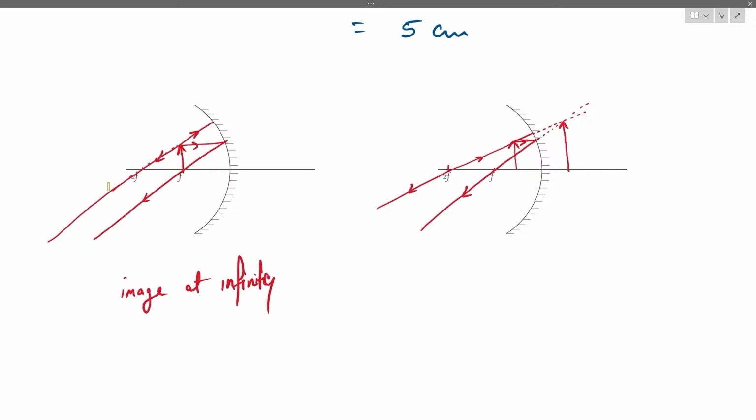We see that these two rays have become parallel, so the image will form at infinity. So we can say that if the candle is moved towards the focal point, the position of the image will move towards infinity. And if the candle is moved beyond f towards the pole, we can see that the image formed is virtual. No real image can be formed over here, and it is virtual and magnified. Thank you.